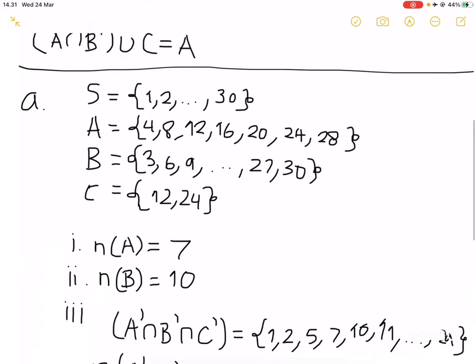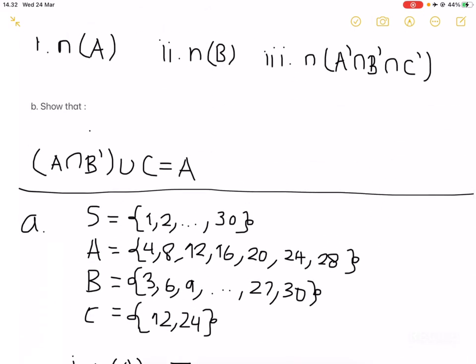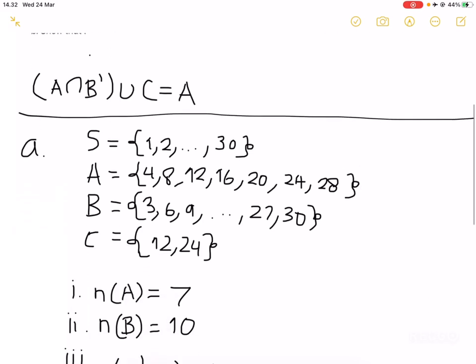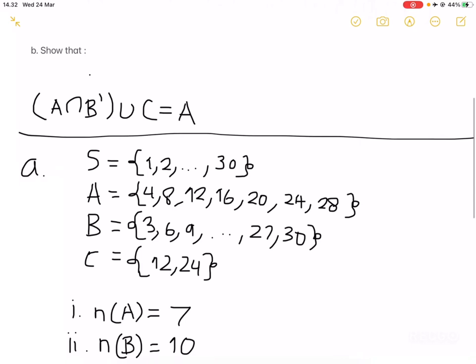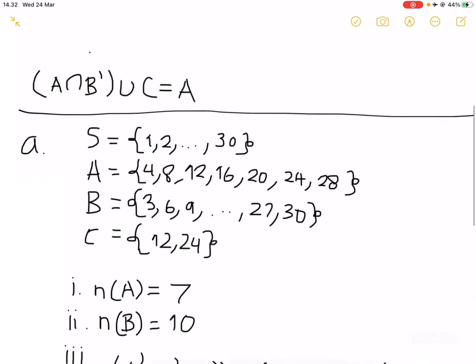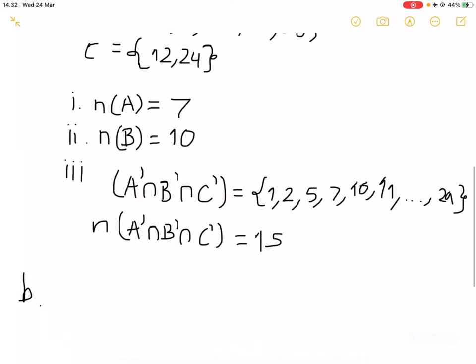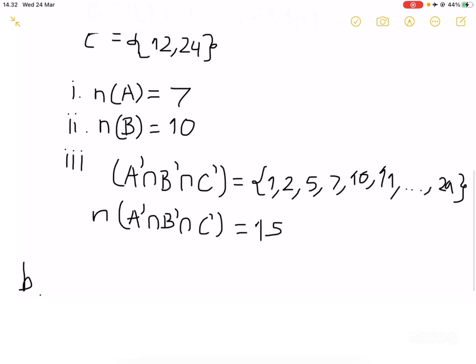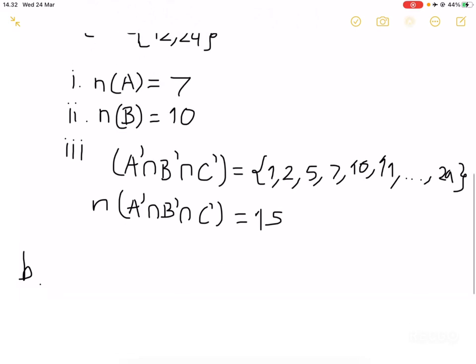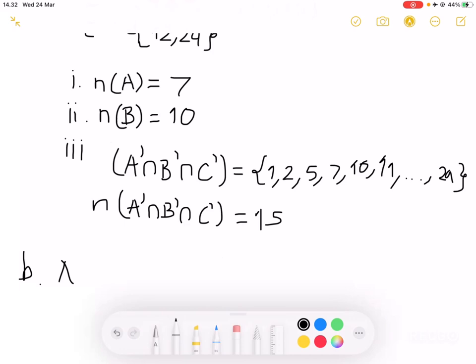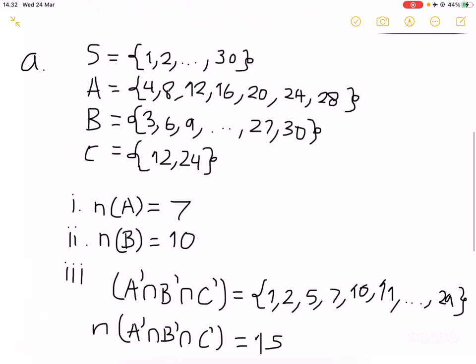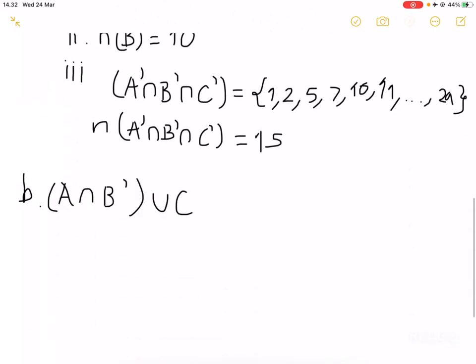For part B, we need to show that A intersecting B complement, and all of that union C, will be A. So let's see. I'll just rewrite the question right here. Now we can just substitute our simplified sets into this.